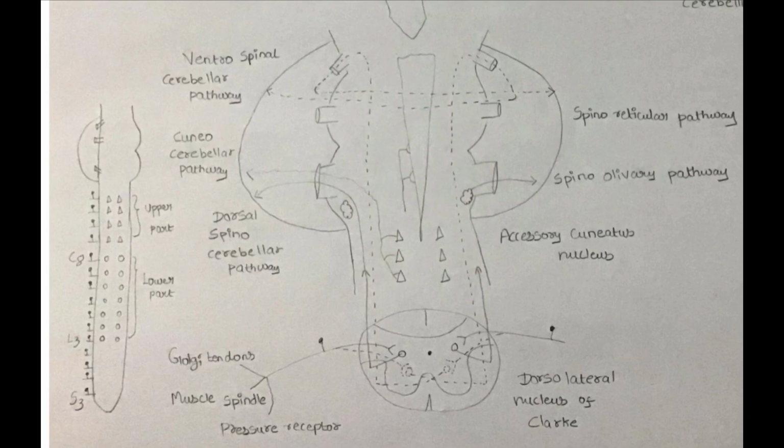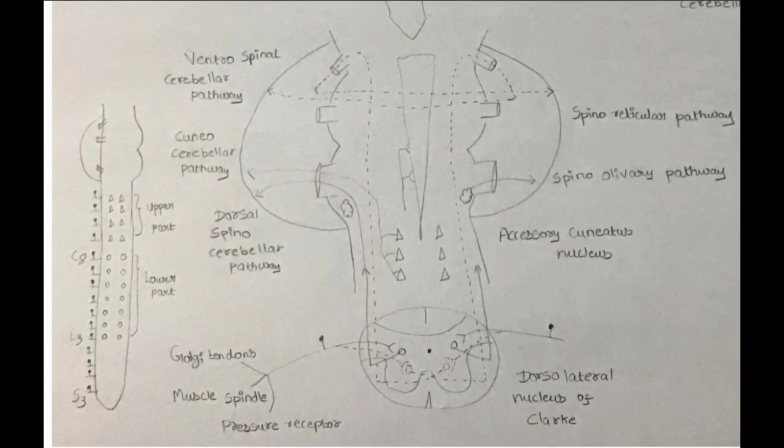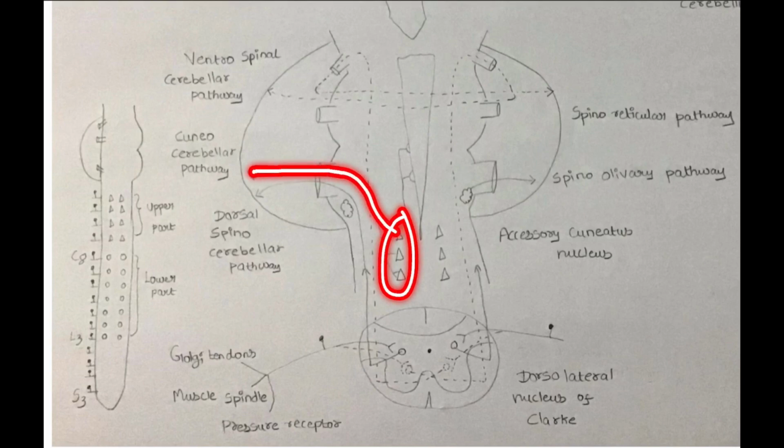So the sensory nerve fibers from the lower part of the body, from the dorsolateral nucleus of Clarke, this pathway is known as from the spinal cord to the cerebellum, dorsal spinocerebellar pathway. And the sensory nerve fibers from the upper part of the body, that is the accessory cuneatus nucleus, are known as cuneocerebellar pathway, that is from the cuneatus nucleus to the cerebellum.